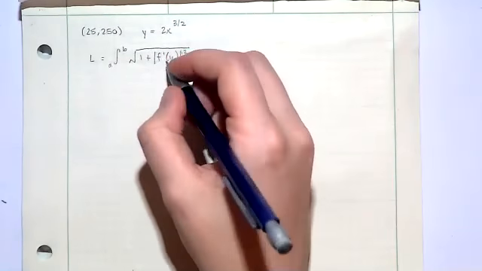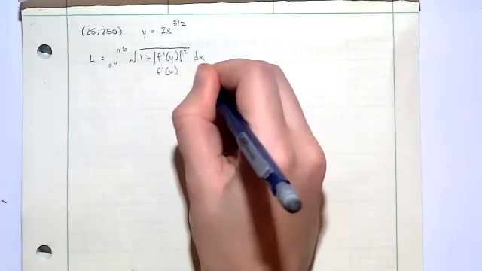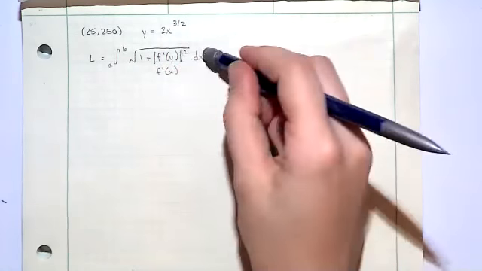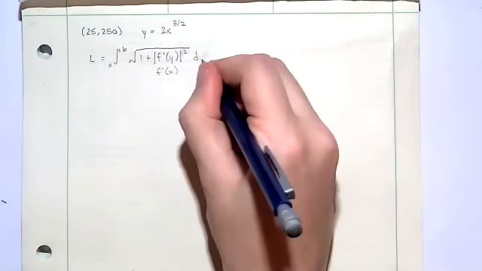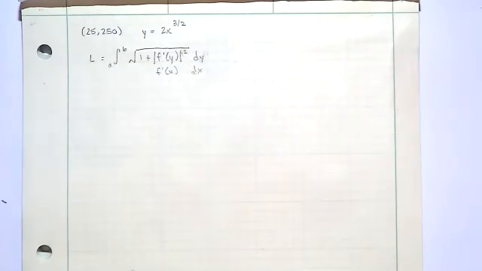This can of course be substituted for f prime of x, and then have a dx on the outside and such.